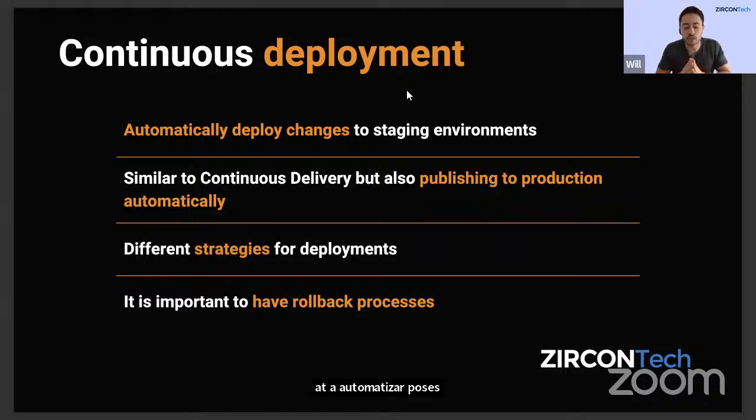This means that we can choose between different strategies on the way we deploy into production. Common strategies are blue-green and also canary deployments. But in the same direction, we need to think about strategies for rolling back our changes automatically if things go wrong, which is perfectly normal in a release process.